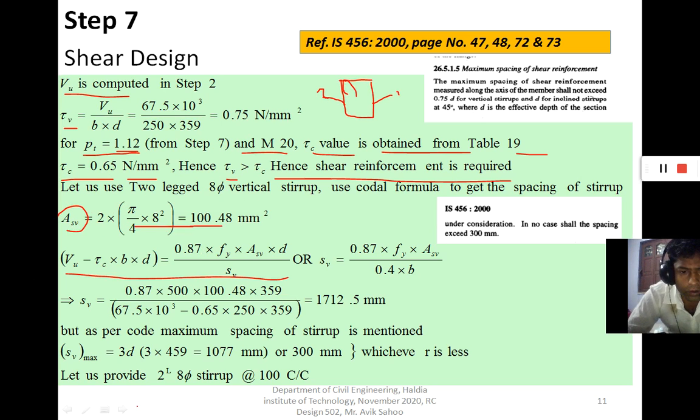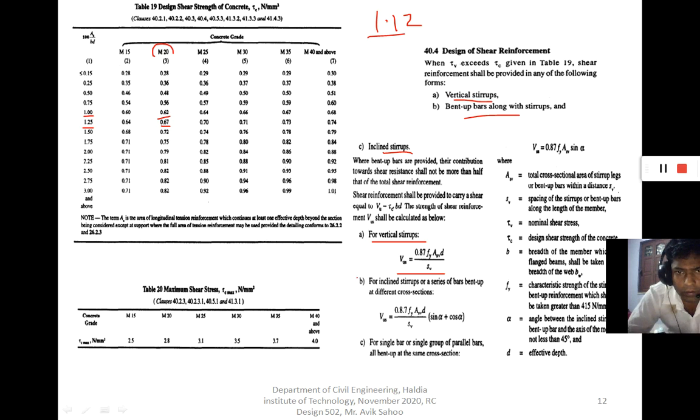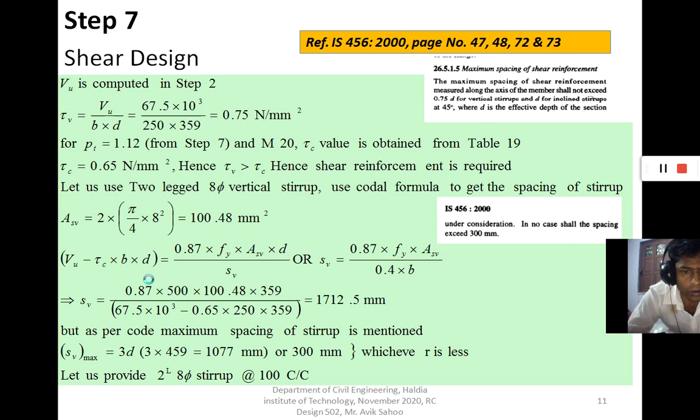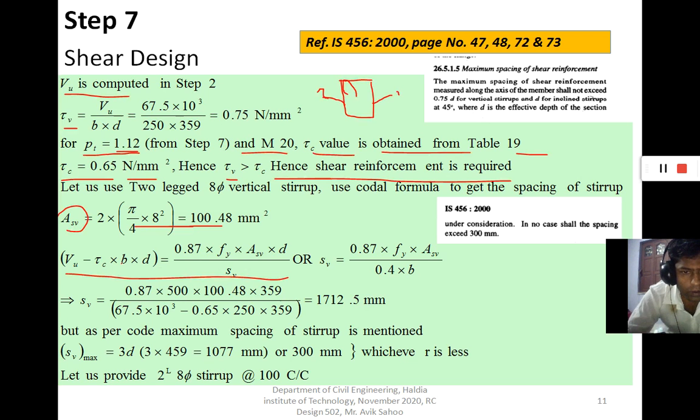Now using this expression given in code, see the reference: Vus equals Vu minus tau c bd, which is equal to 0.87 fy Asv into d by sv. Asv is the area of vertical stirrup legs, d is the effective depth, and sv is the spacing of the stirrups.